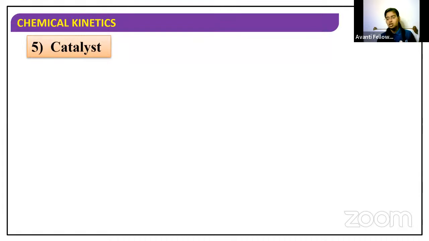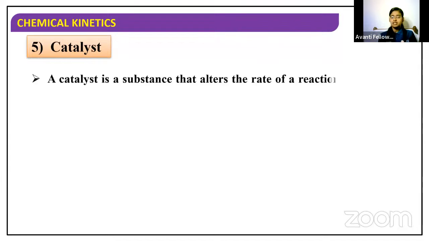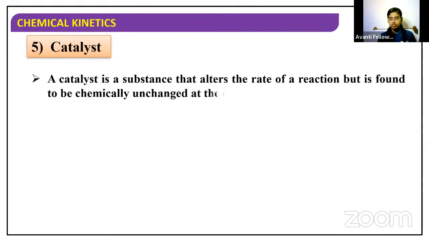All of your definitions are exactly correct, 100% correct. So a catalyst is a substance that alters the rate of a reaction but is found to be chemically unchanged at the end of the reaction.